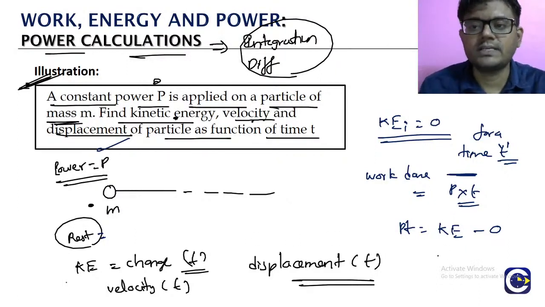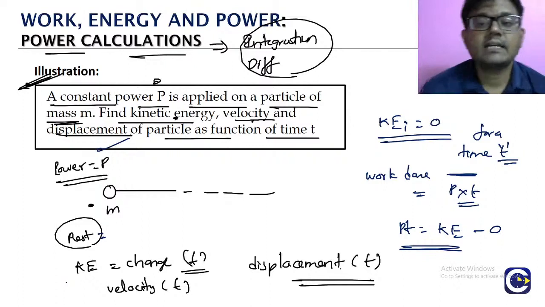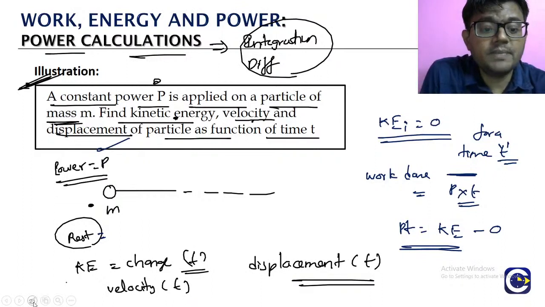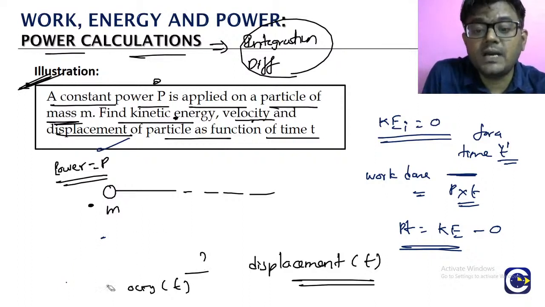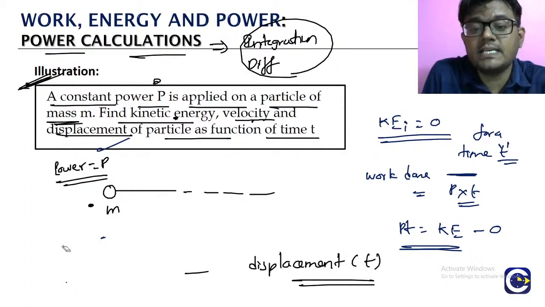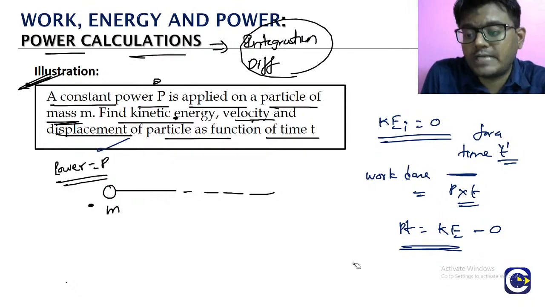So look at this, we got it. What is the kinetic energy function? It will be simply P into t. As time is increasing, the kinetic energy of the particle also will increase, proportional to time.